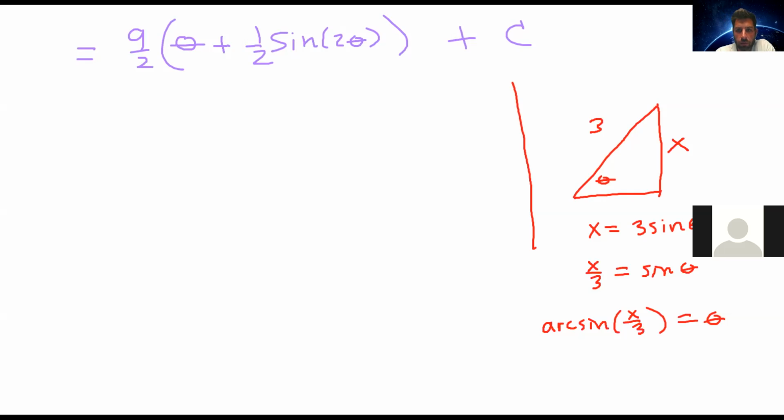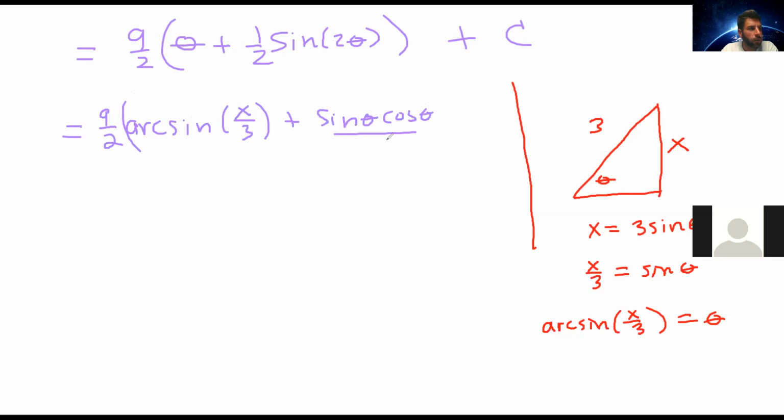So what we can do is this is 9/2 times the arc sine of x over 3, and then this is plus, using the double angle identity, sine of 2 theta just becomes sine of theta cos theta, and then this is over a 2 with a 2 out front, so the 2's cancel.